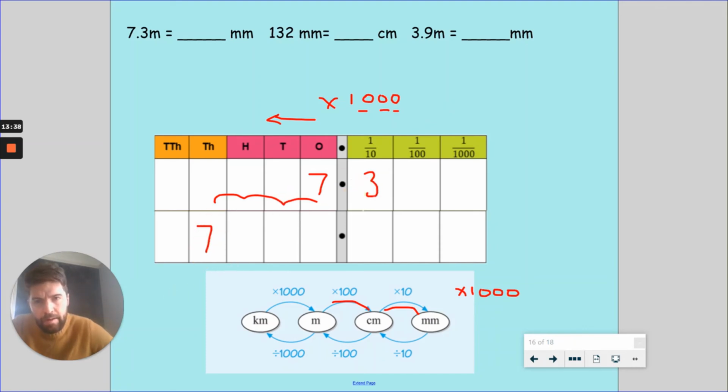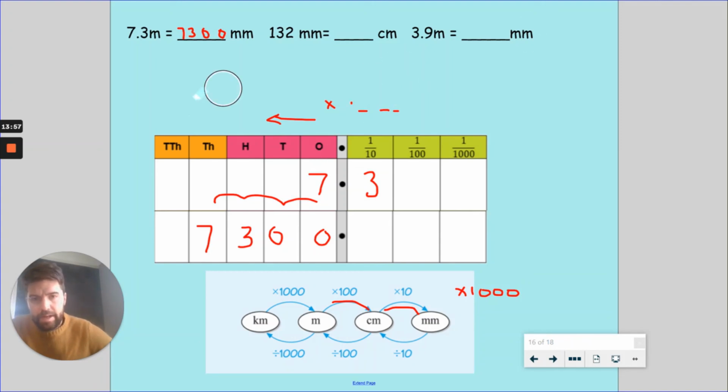The 3, 1, 2, 3 columns up into the hundreds. Now I need to put in my placeholder zeros. 7,300. There's my answer. 7.3 metres is 7,300 millimetres.